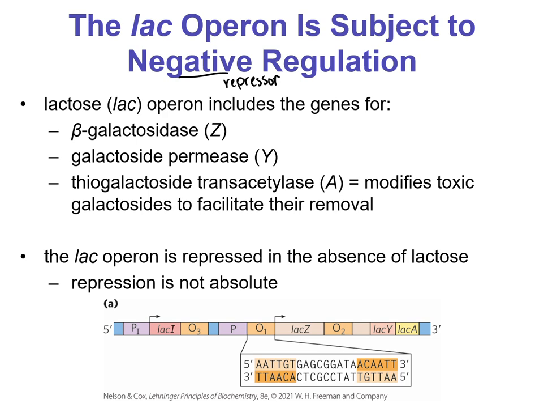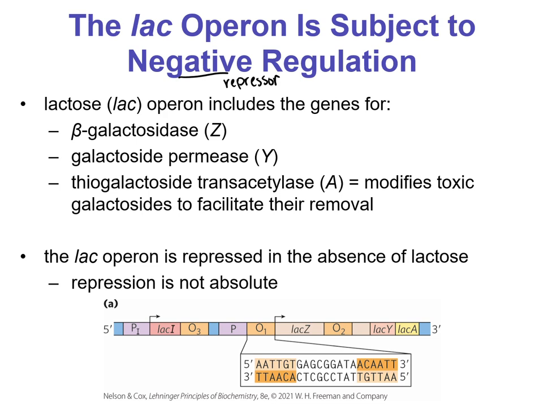This operon is repressed when there's no lactose around, but that repression is not absolute. So you still get a little bit of production of all these different enzymes. It's just much, much lower.